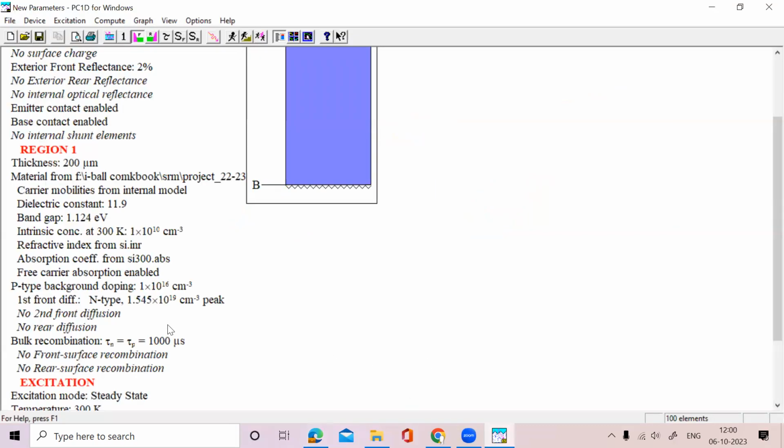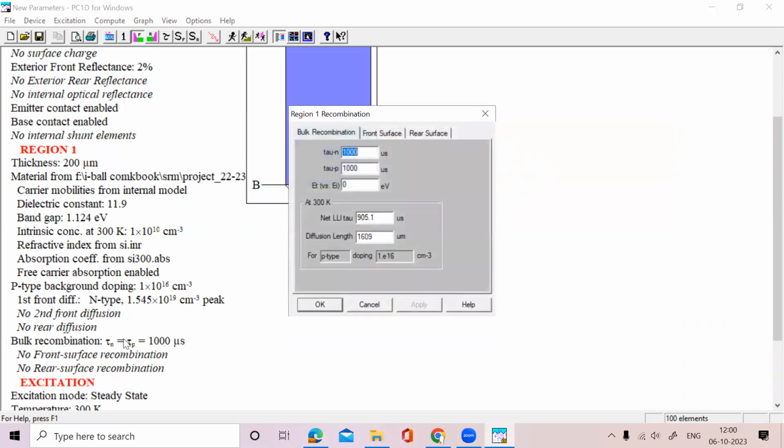So now bulk recombination. The value I am giving for N is 1, 2, 3, and for P is 0.0008.